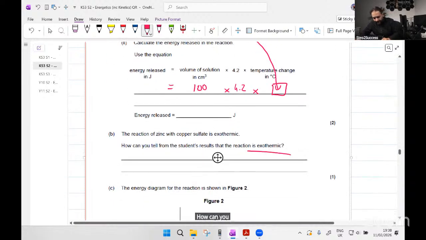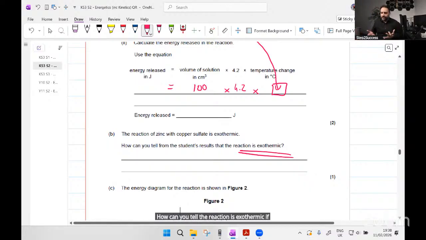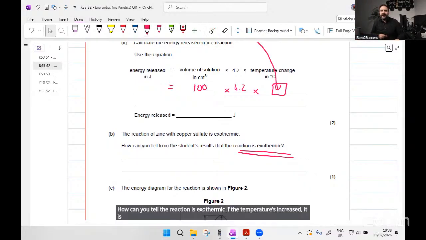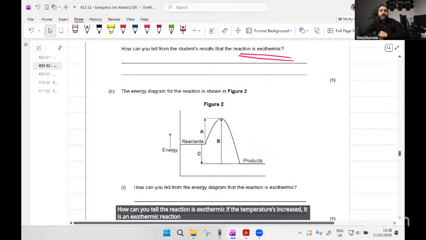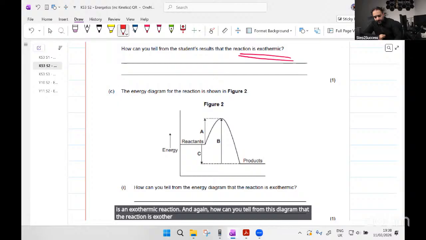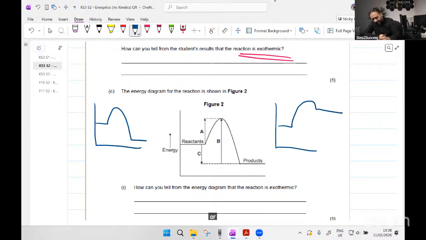How can you tell the reaction is exothermic? If the temperature has increased, it is an exothermic reaction. And again, how can you tell from this diagram that the reaction is exothermic? Right, there are two types of these diagrams. Either one that looks like this, or one that looks like this. In other words, in one of them, the amount of energy, this is energy, that we begin with is higher than the amount of energy we finish with.